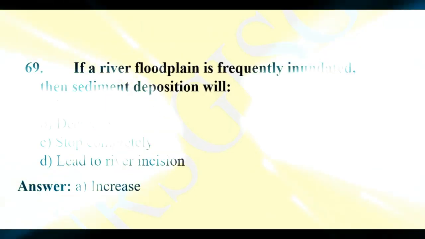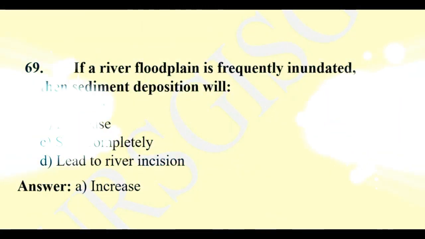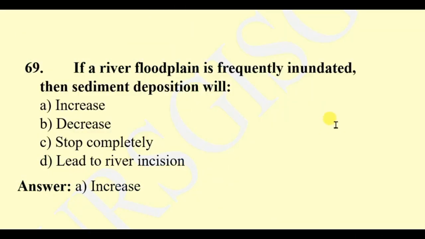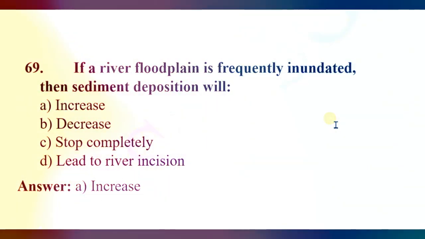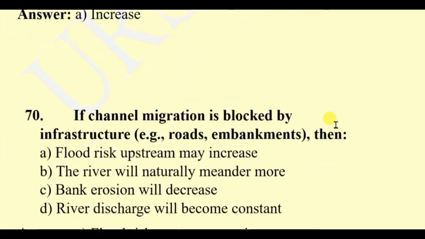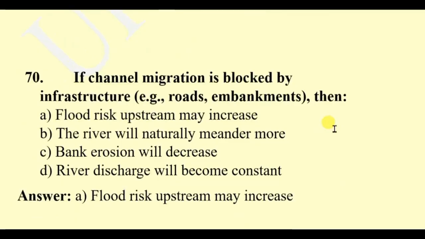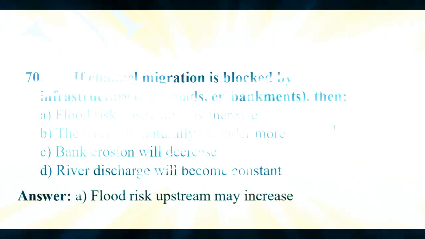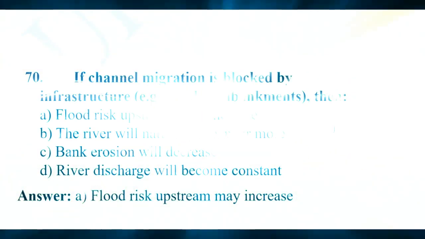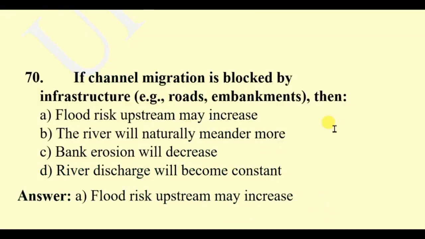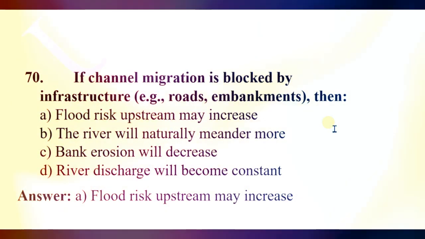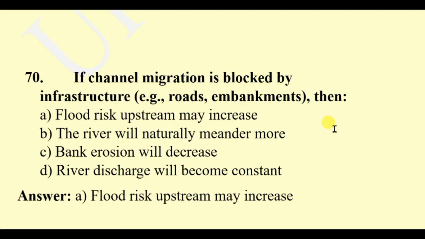Question 69. If a river floodplain is frequently inundated, then sediment deposition will increase, decrease, stop completely, or lead to river incision. Of course, it will increase. Question 70. If channel migration is blocked by infrastructure, roads, embankments, then flood risk upstream may increase, the river will naturally meander more, bank erosion will decrease, or river discharge will become constant.